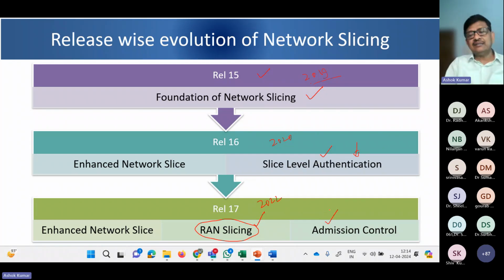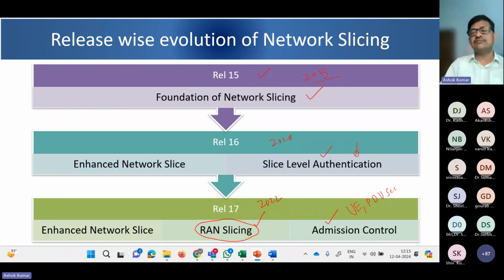I remember that while I was going through PDU sessions, somebody asked how many PDU sessions can be created. As such, there was no limit given up to release 16. But in release 17, and that too for network slicing, admission control based on number of user equipment and number of PDU sessions is now defined.